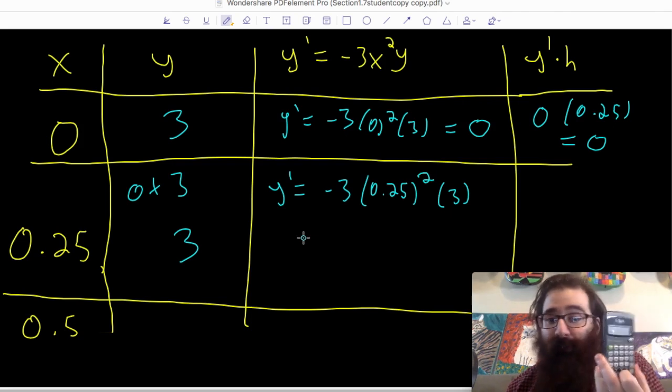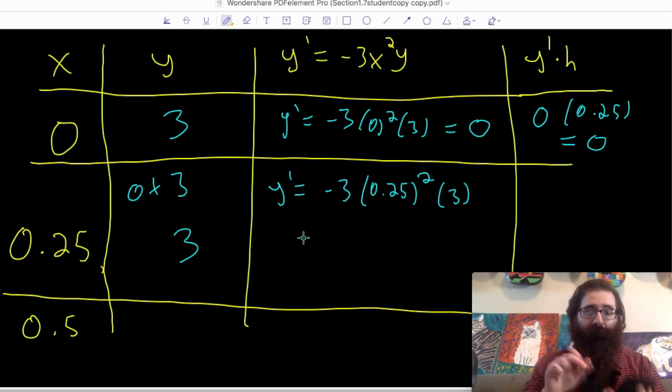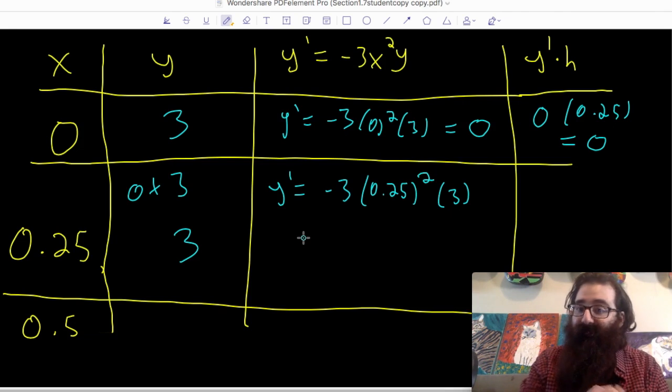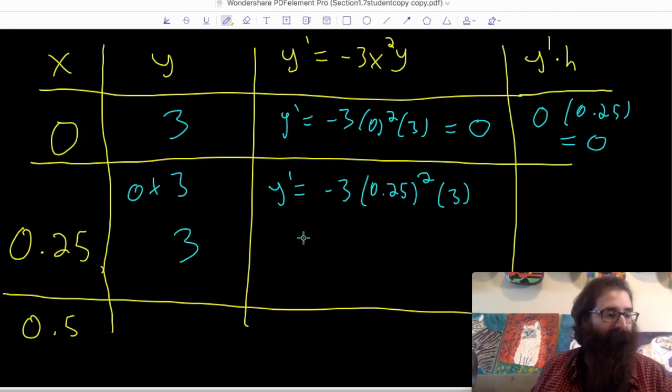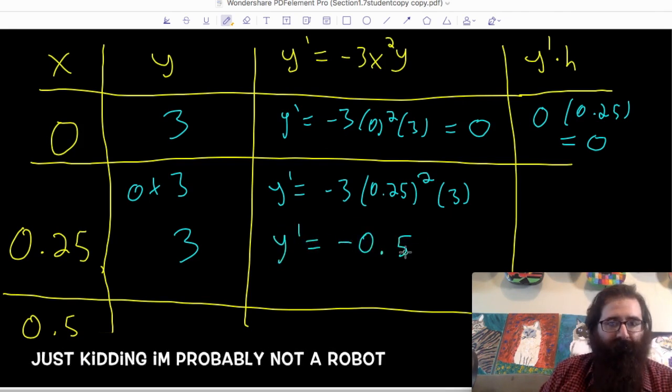And again, just for the homework sometimes, or the classwork sometimes, this section is a great example of when that sometimes happens. You would go to the calculator and plug in, like a little robot friend, and when I do that, what I'm getting for y prime here is negative 0.5625.